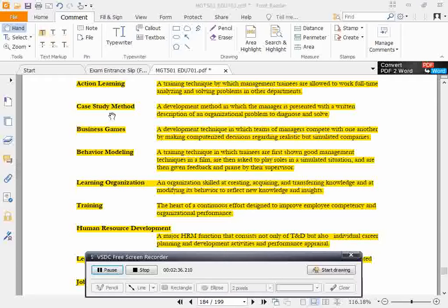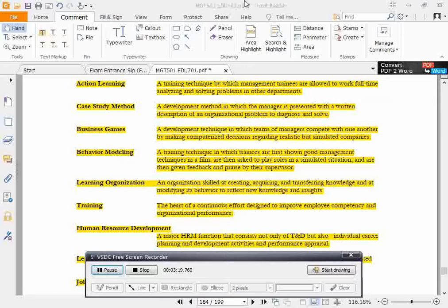Case study method: a development method in which the manager is presented with a written description of an organizational problem to diagnose and solve. Business games: a development technique in which a team of managers compete with one another by making computerized decisions regarding realistic but simulated companies.